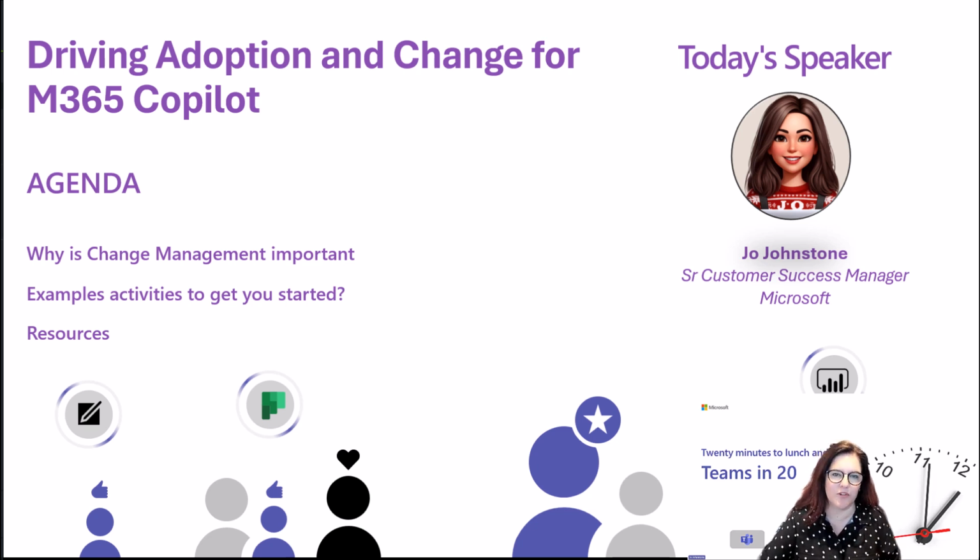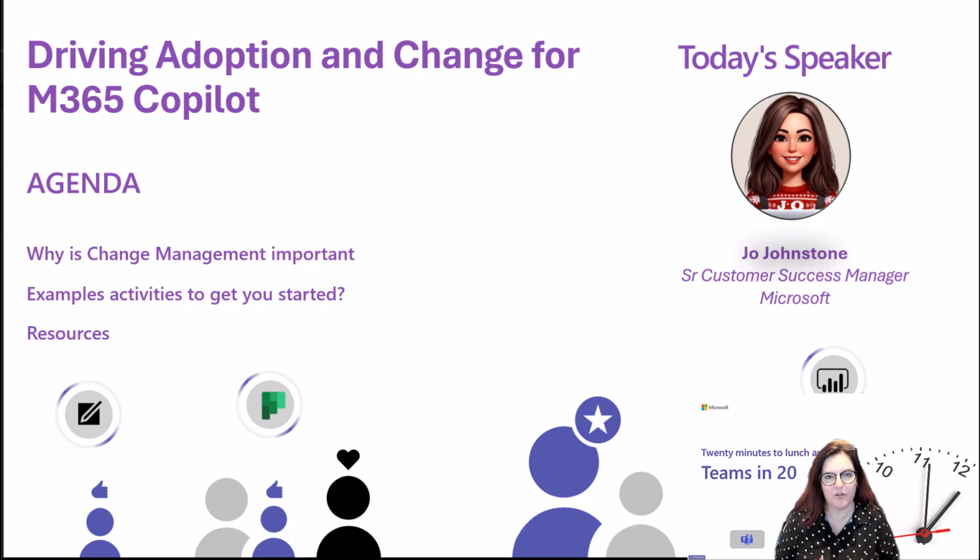But if your friend comes along and that friend shows you the ropes, you'll be up and running in no time. And that's what we mean as well by adoption. We want to get everybody on board, having fun, up to speed as quickly as possible. When we think about change management, it's just really the strategy that drives that adoption. So it's the strategy guide for how people are going to use the app.